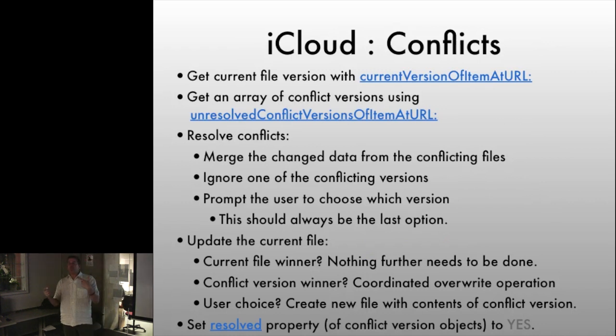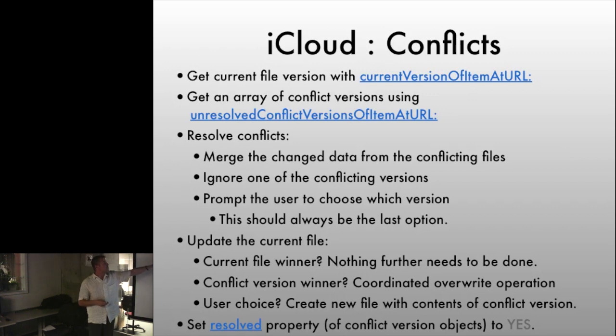There's always a danger, right, with keeping documents in sync across multiple devices: conflicts. So here's how conflicts get resolved under document-based iCloud file store systems. The first thing you do is get the version of the current item at a specific file URL.